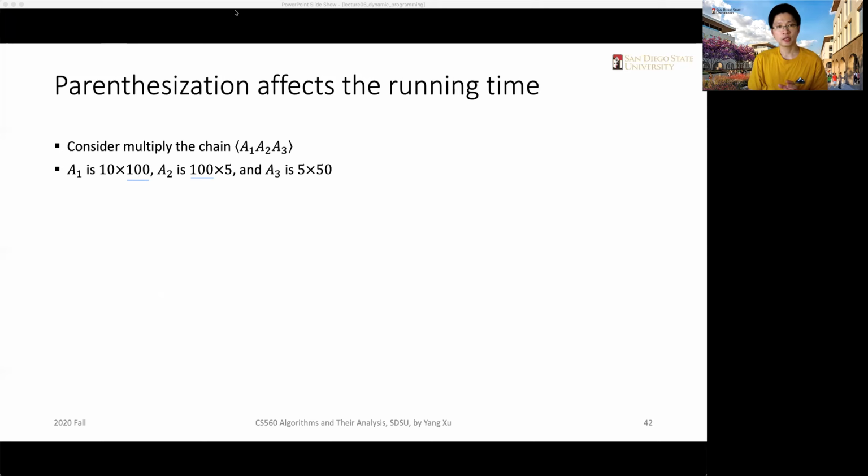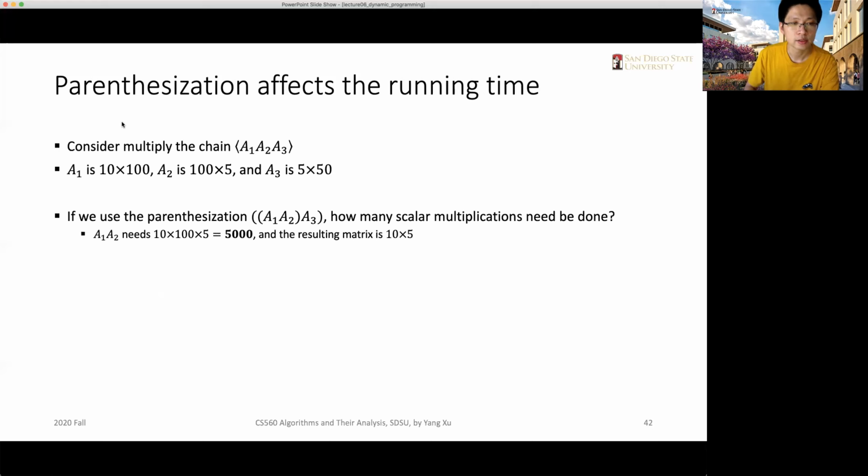And for the second, A2 times A3, the number of columns also matches the number of rows. So they are compatible, so we can put them together into a chain. Now let's look at the first way of parenthesization. We can multiply A1 and A2 together and multiply the result with A3.